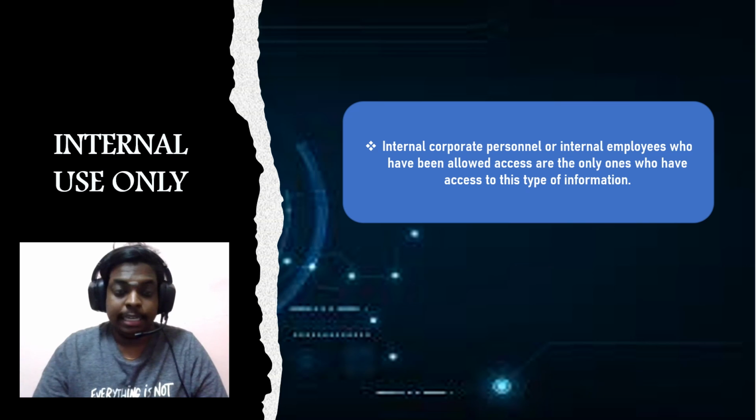After that, internal use only. Internal corporate personnel or internal employees who have been allowed access are the only ones who have access to this type of information. This could include memorandums or other internal messages, business plans, and so on. Information with this classification will not contain sensitive information about customers or partners, but it will not be able to leave.